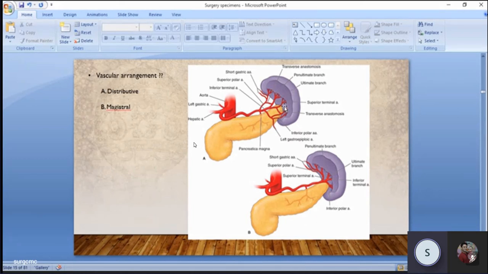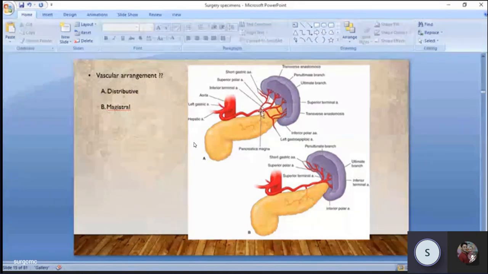Before entering the hilum, there are usually two presentations of the splenic artery. One is distributive, which gives branches before entering the hilum, and the second one is magistral, which gives branches near the hilum. So in which type may there be chances of hemorrhage during splenectomy?